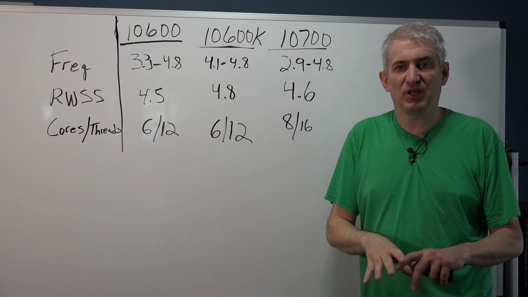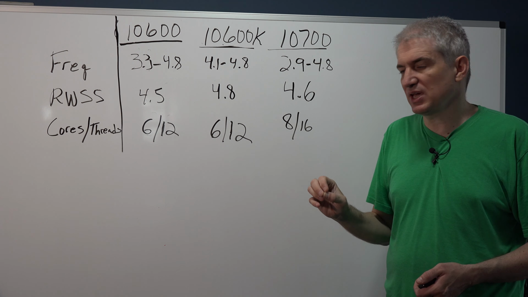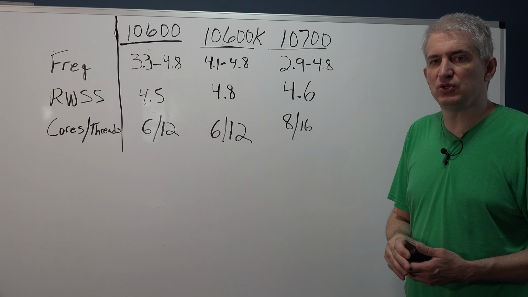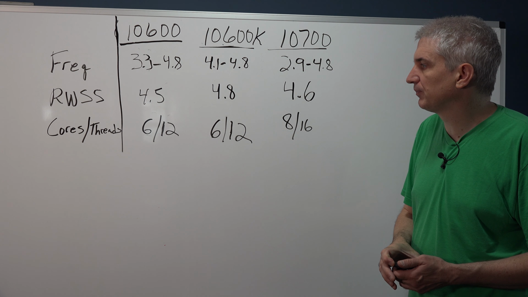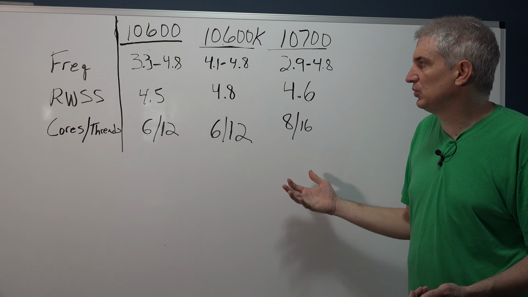So if you go to the 10700, you're giving up a little bit of frequency over the 10600K, but you're gaining 2 more cores, which again, right now in X-Plane or any gaming, doesn't benefit you. There may be some rare use cases where 8 cores can help, but it's very, very unusual for gaming to benefit from these 2 additional cores right now. So there's sort of the overview of the chips.